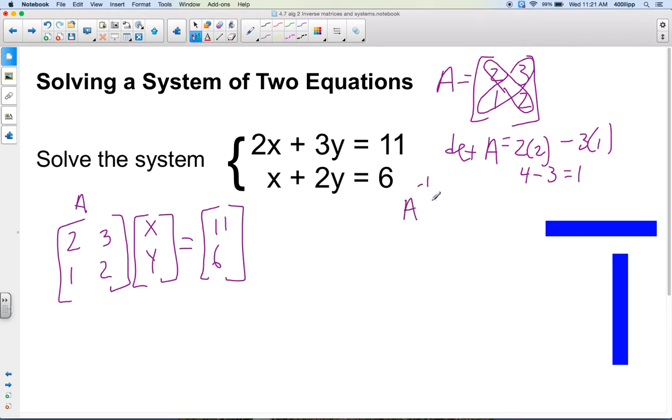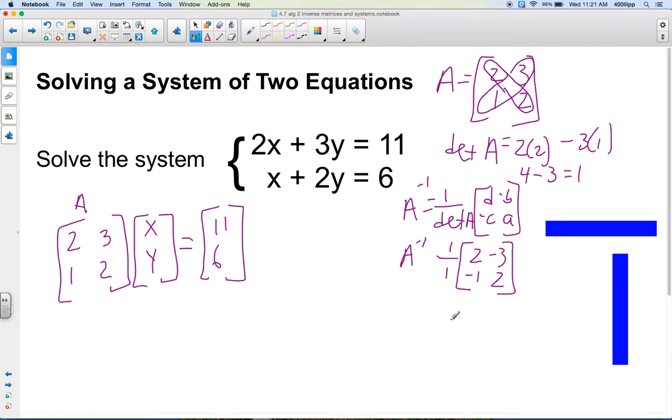A inverse is going to be 1 over the determinant of A, multiplied by the matrix where I switch A and D and negate B and C. The determinant is 1, so it's just 1 over 1 times the matrix. A and D are both 2's, so it doesn't look like they're switched, but you would switch them if they were different numbers. And I'm going to negate B and C, so -3 and -1. So this is the inverse of A.